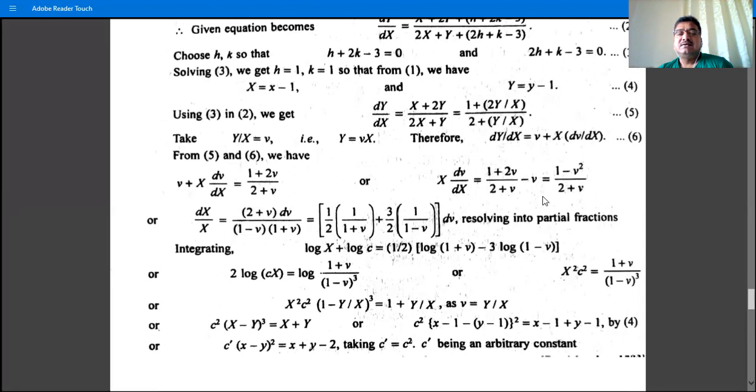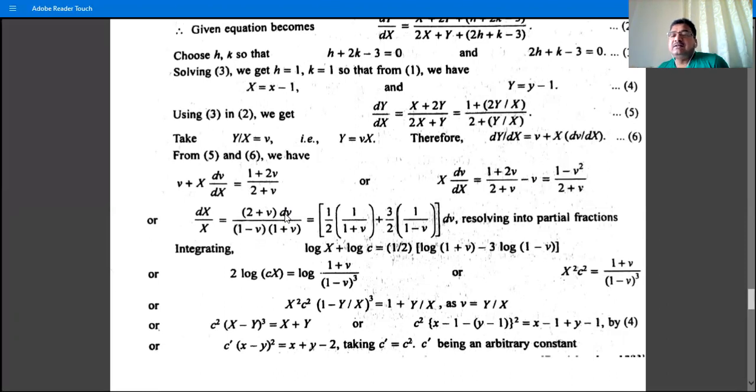And then we have to separate these variables. So we have dx by x, shifting this dx to the RHS and this x to the RHS. So we have dx by x is equal to 2 plus v divided by 1 minus v square dv.